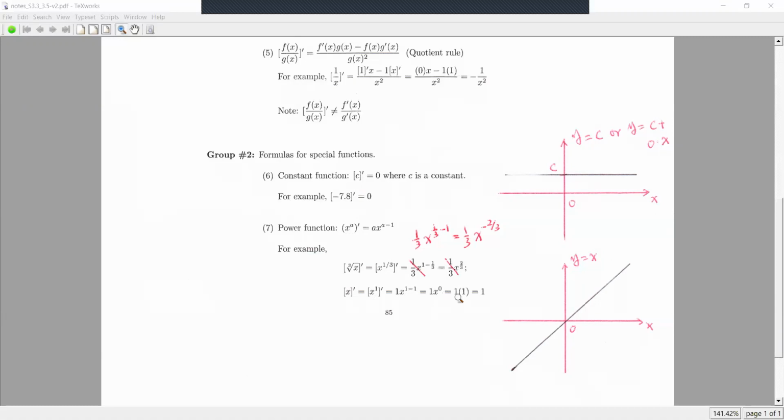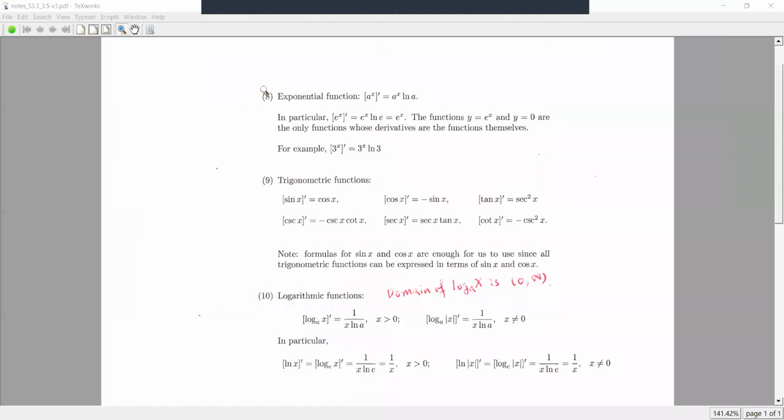X to 0 is 1. Therefore, derivative of x is 1. The graph of x is this line. This line, everywhere the slope is 1. Therefore, derivative of x is equal to 1.